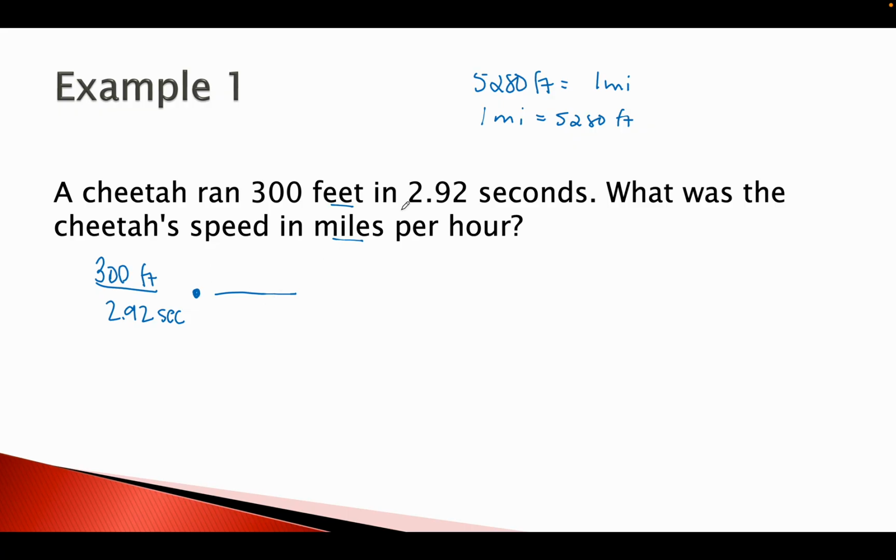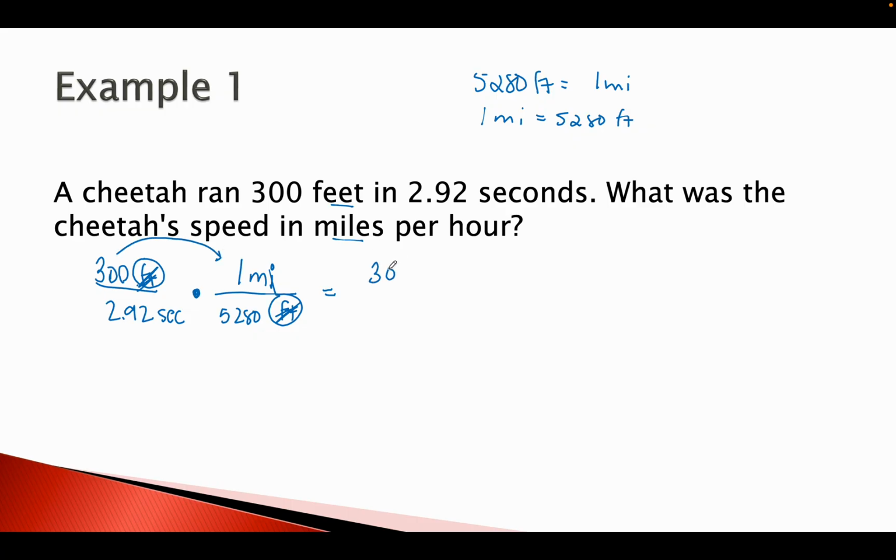To choose which one goes on top, we want to line up the units of feet diagonally from one another so that they will cancel out. Feet over feet will cancel. So 1 mile must go on top and 5,280 feet on the bottom. After I set it up correctly, I'm going to multiply straight across.